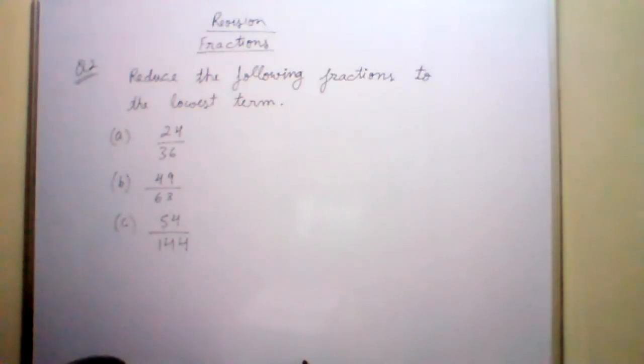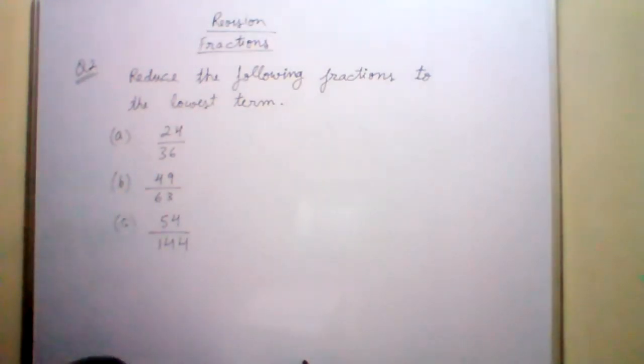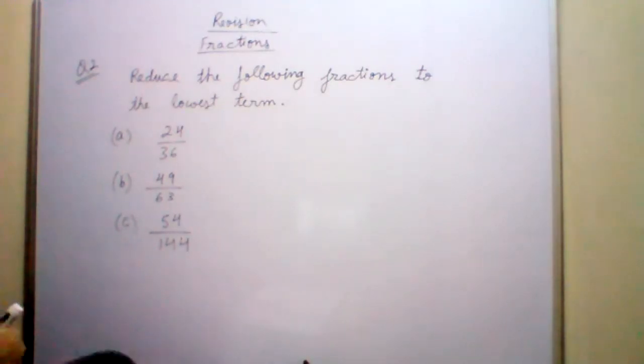Sir, please tell the second one. This is 49 upon 63. Sir, this time you also explain the steps. Yes, sir. It would be easy. Okay, I am doing the first one here. The rest of the two parts you all can try.